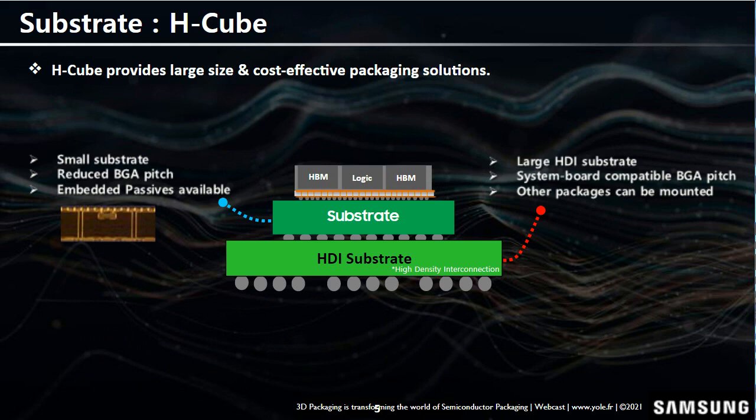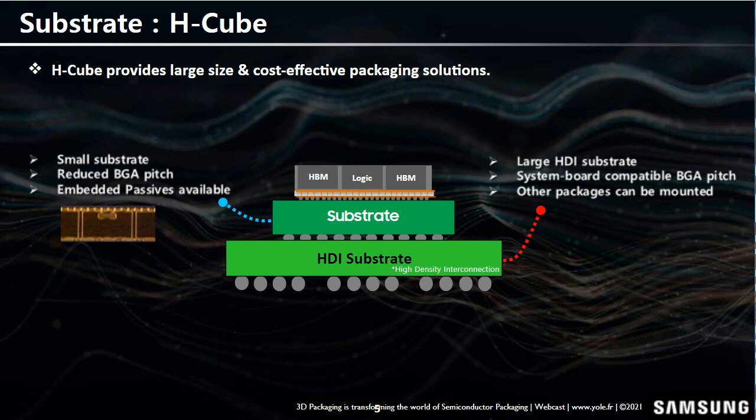And next one is H-Cube. As I said, the concept is simple. We are trying to make a large package. In general, with the HDI substrate all the way at the bottom, this size can go up to 200 millimeter package size, but we can accommodate many packages or components on top of it.